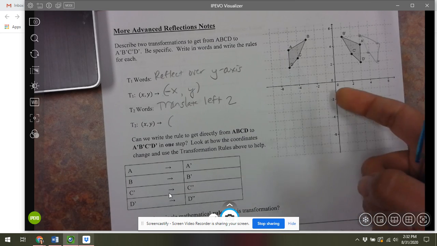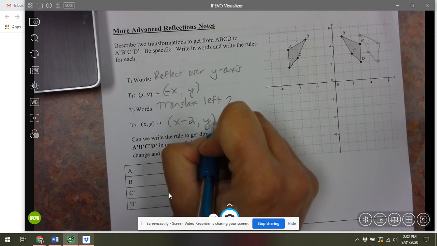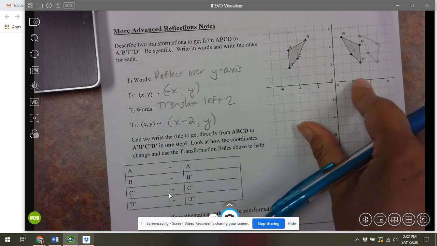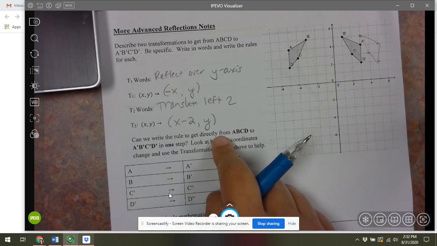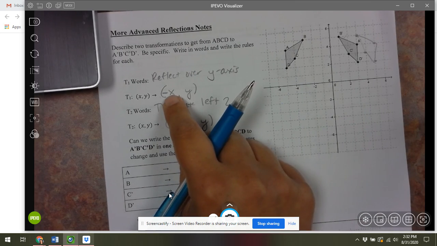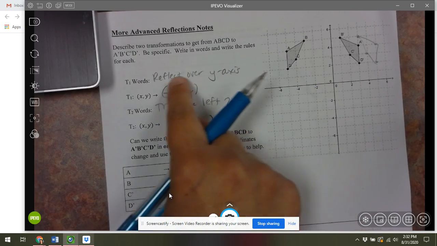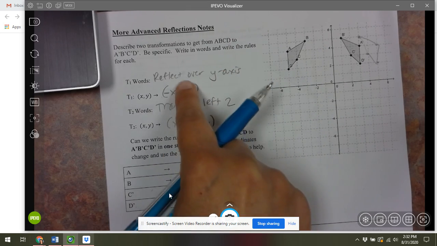Right is positive, left is negative. So left 2 is x minus 2. My y's do not change. D is the same height here and here and here. So notice that my y's do not change. Only the x numbers are changing on those points. So we've written each step in words and as a rule for that step.